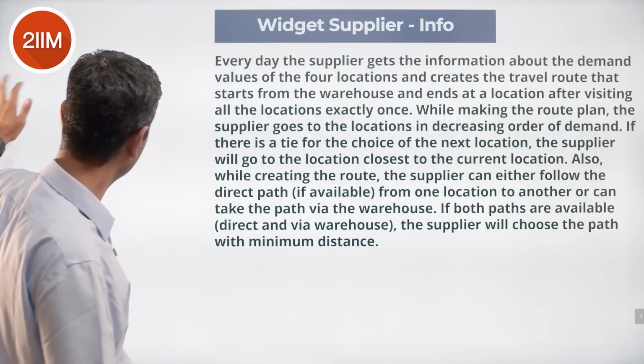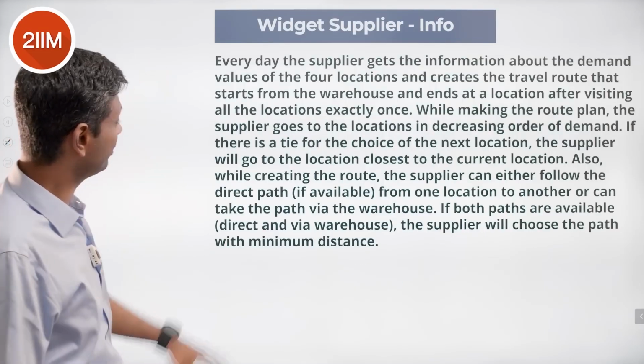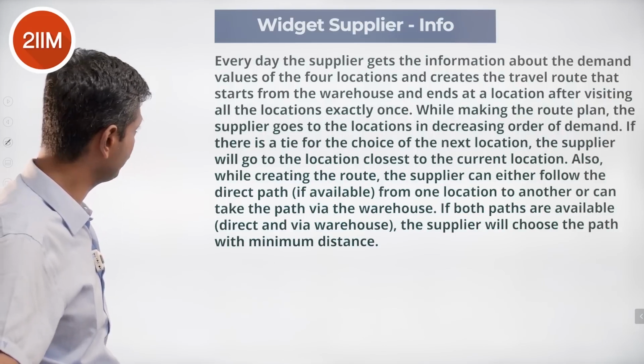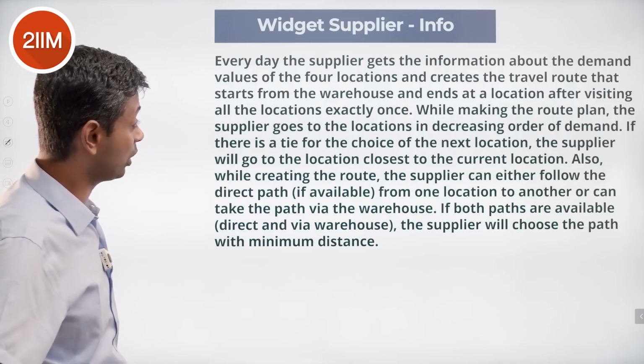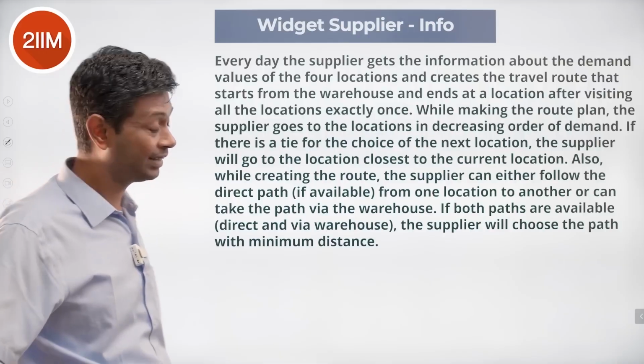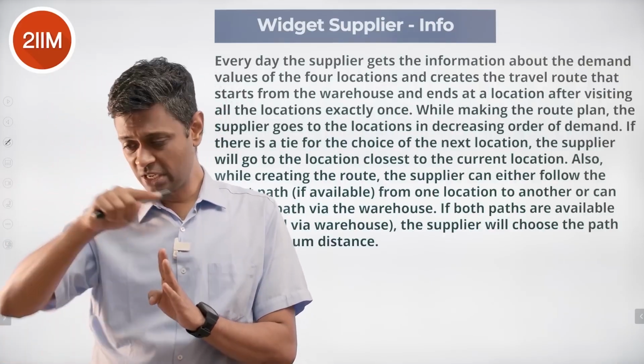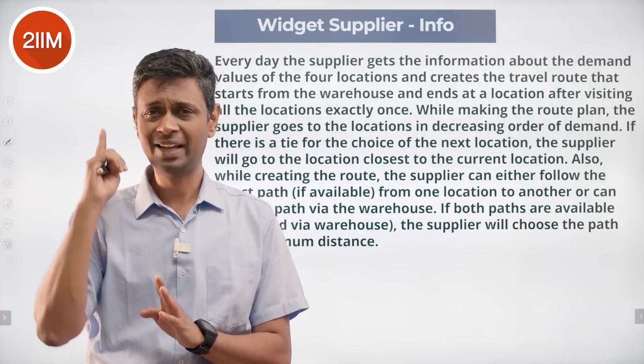Nice. Got to be some algorithm rules. Every day the supplier gets the information about the demand values of the 4 locations and creates a travel route that starts from the warehouse and ends at a location after visiting all the locations exactly once. W, A, B, C, D or D, B, C, A. All locations exactly once.